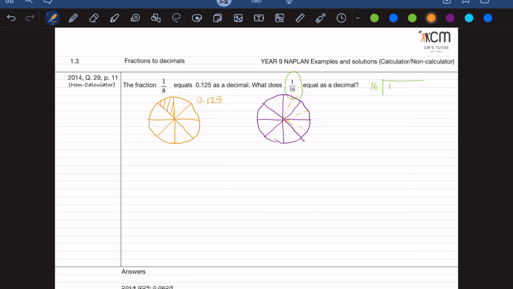It will give us 16 pieces. This is our 8 pieces, and this is our 16 pieces. Now everyone will have a piece to enjoy.